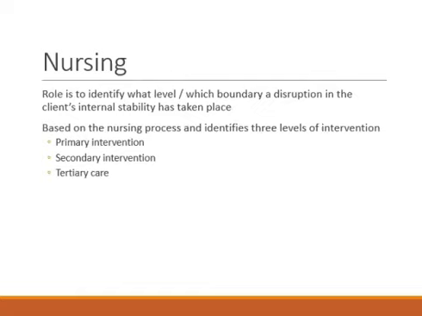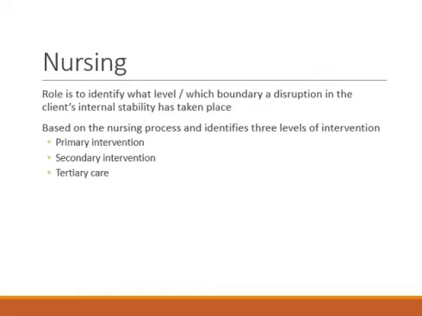So, teaching clients about stress management, giving immunizations, and encouraging activity and exercise that help prevent heart disease are all examples of primary interventions. So, secondary interventions are aimed at treating symptoms that have already been produced by stressors.